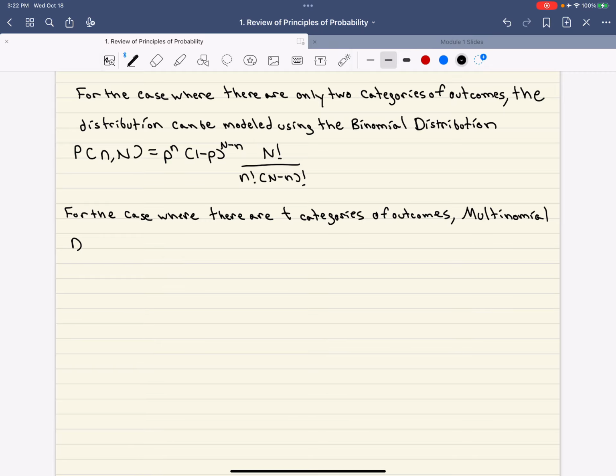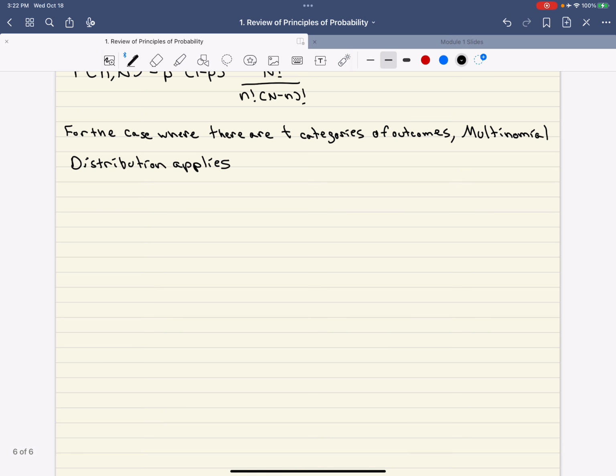In this case, we would have n1, n2, all the way up to nt, comma, big N, and it would look like this: ... pt raised to the nt.